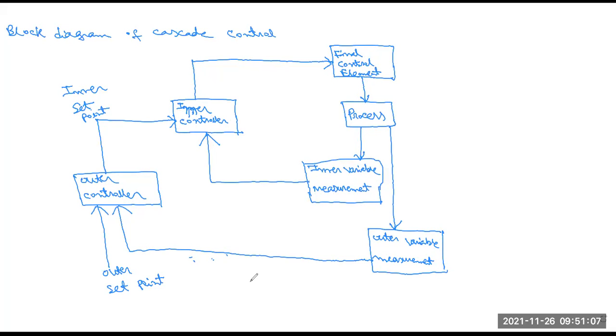These are the inner variable measurement blocks. Another one is the outer variable measurement blocks, and both measurement blocks are connected to the process or plant. So this system is called the cascade control system.